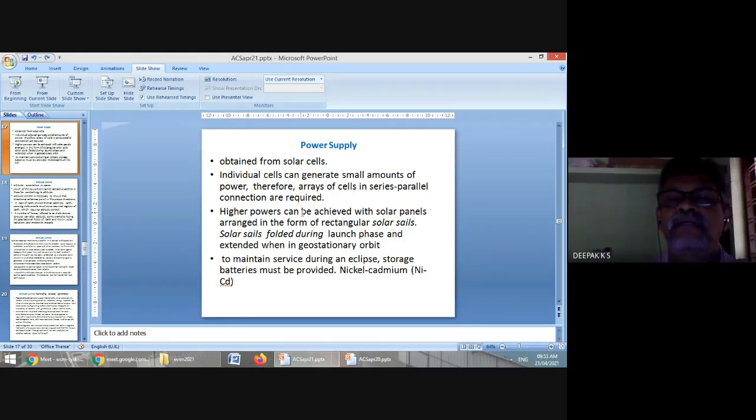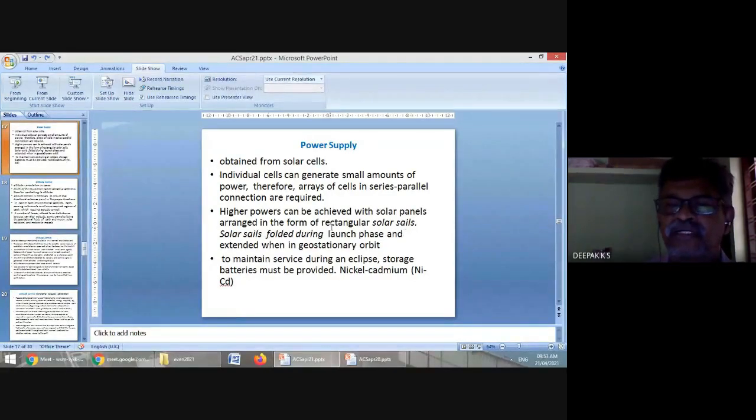Higher power can be obtained with solar panels arranged in the form of rectangular solar sails. They are folded during the launch phase and extended when in geostationary orbit. Basically, this is the source of power.